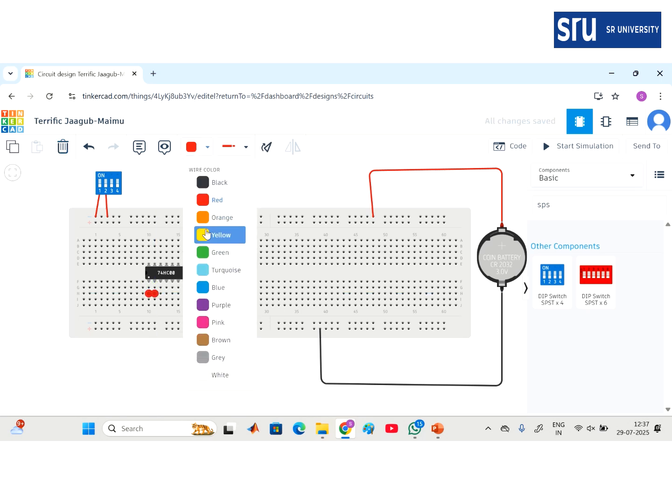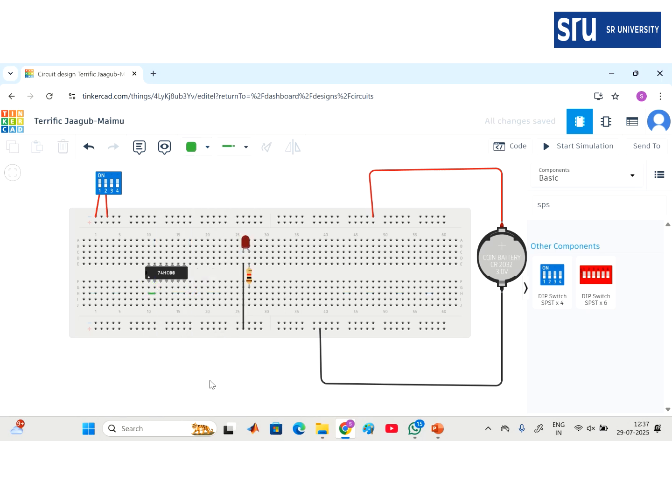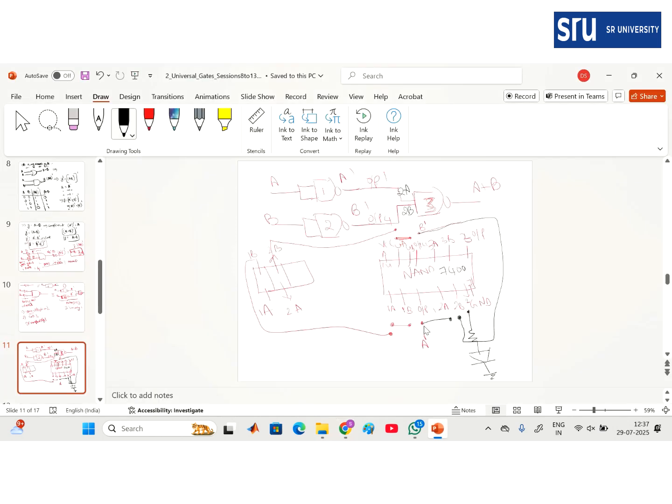Let us change the color for the input to green. My input is available at 1B. Now connect this input to either 1A or 1B, let us consider 1A. Now my output is available at output 1, and that is A bar.